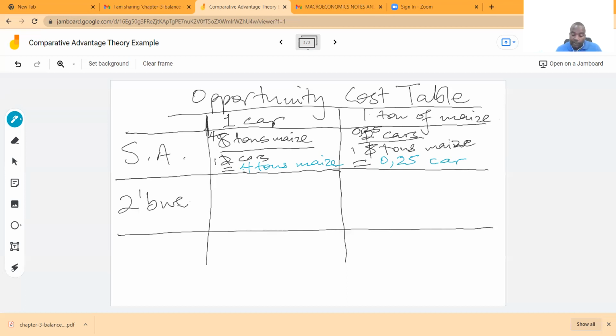And then we follow the same approach to do the same computations for Zimbabwe.